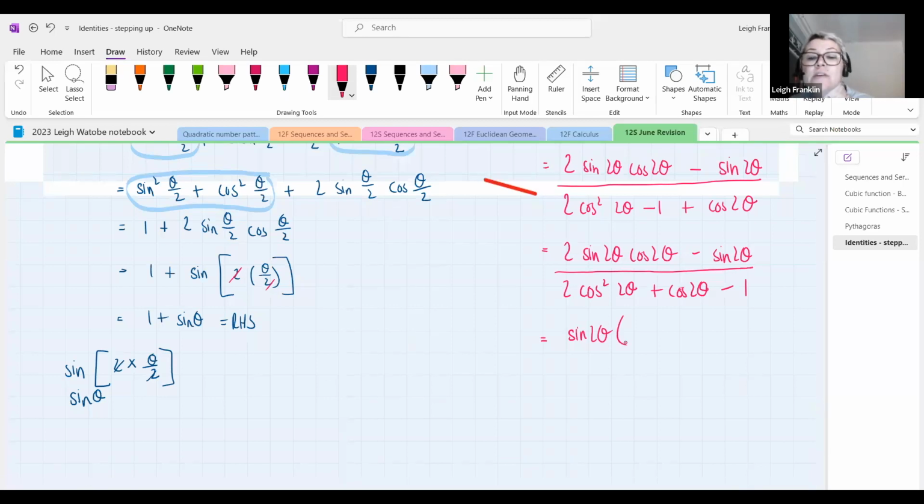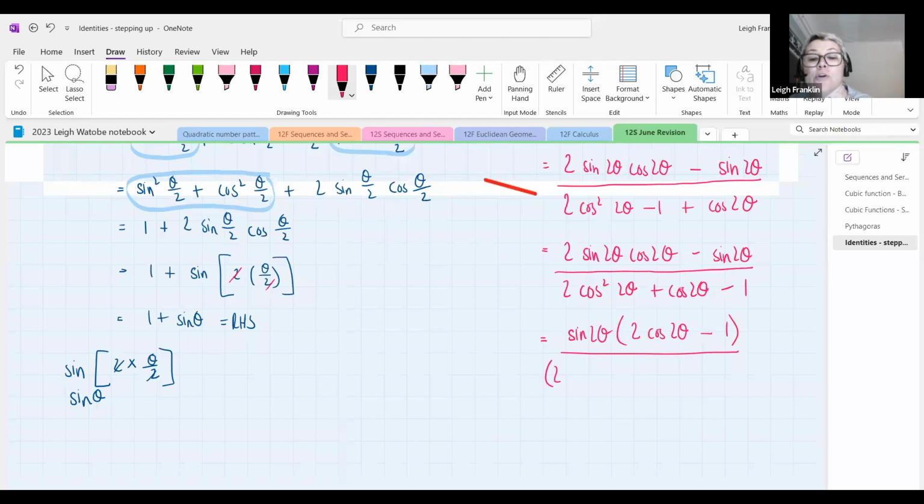That's going to leave us with 2 cos 2 theta minus 1. At the bottom, we have a trinomial, so I'm going to factorize my trinomial.